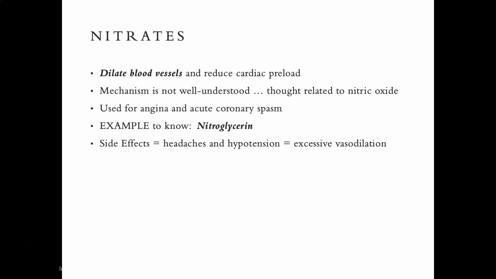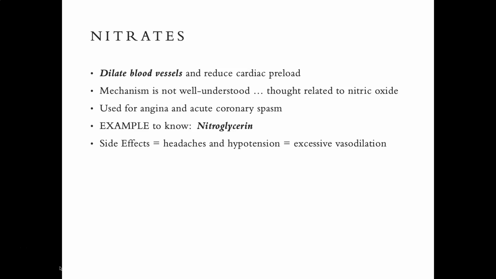It's thought to be related to nitric oxide, but here's the thing. Nitrates are used for hypertension, but they're also used for angina and acute coronary spasm. Please know this. Nitrates dilate blood vessels. They are used for hypertension, angina, and acute coronary spasm.